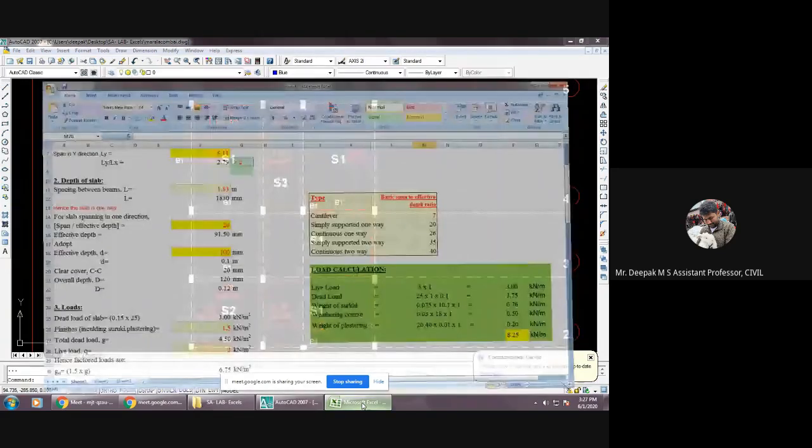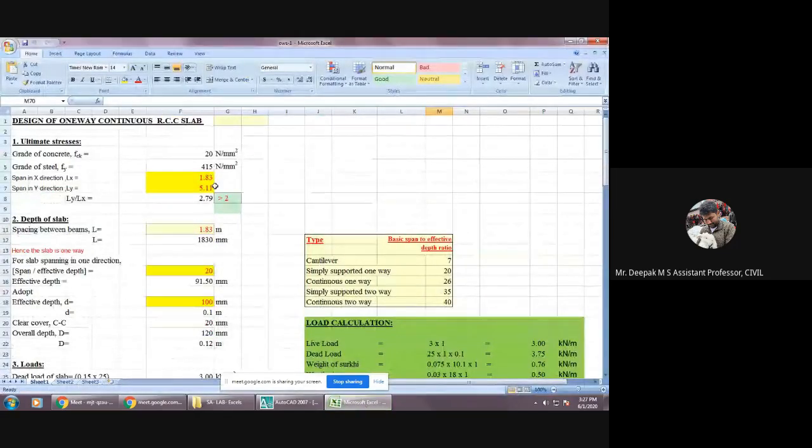Now, let us open an Excel sheet, and this typical problem is similar to that we study in the theory book. So this is a design of one-way continuous RCC slab. So I have just repeated the full problem of one-way slab.